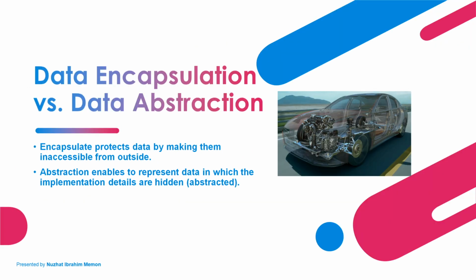Here we will see the difference between data encapsulation and data abstraction. Encapsulation protects the data by making it inaccessible from outside. Abstraction enables us to represent data in which the implementation details are hidden. Take the example of a car, which hides its engine inside.